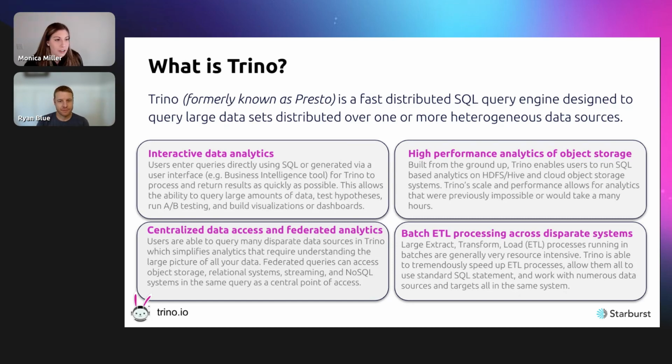So they were really struggling and they needed a different solution. Martin Traverso, Dain Sundstrom, David Phillips, and Eric Hwang are the four creators of Presto, now known as Trino, created to solve that problem. It is known for that petabyte scale.